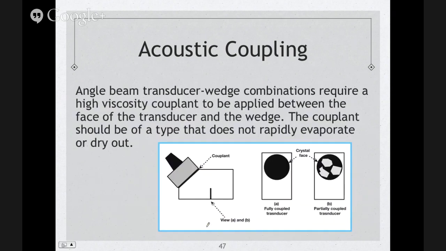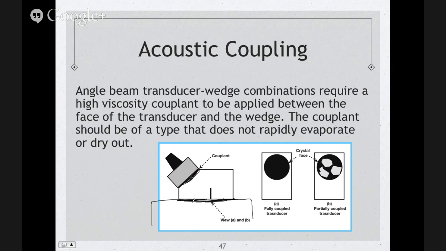Angle beam transducer wedge combinations require high viscosity coupling to be applied between the face of the transducer and the wedge. The coupling should be the type that does not rapidly evaporate or dry out. So what that means is that not only do you need coupling between your part and your transducer, but if you have a screw-on wedge, you also want to put coupling between your transducer and your wedge.